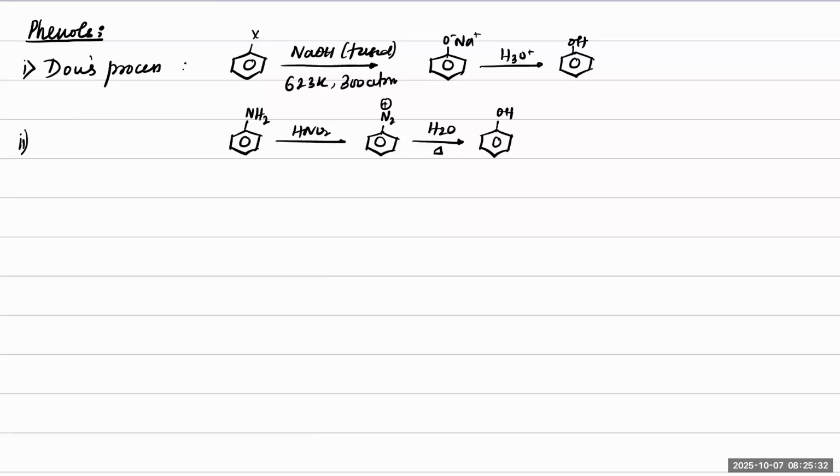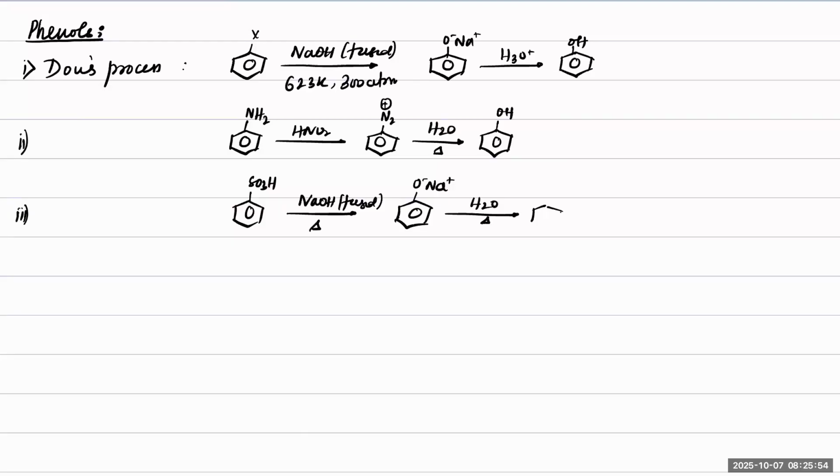Third reaction is the same, benzene sulfonic acid. In the presence of NaOH fused and heat, this will convert into O minus Na plus. Then with simply H3O plus, phenols will form in this case.